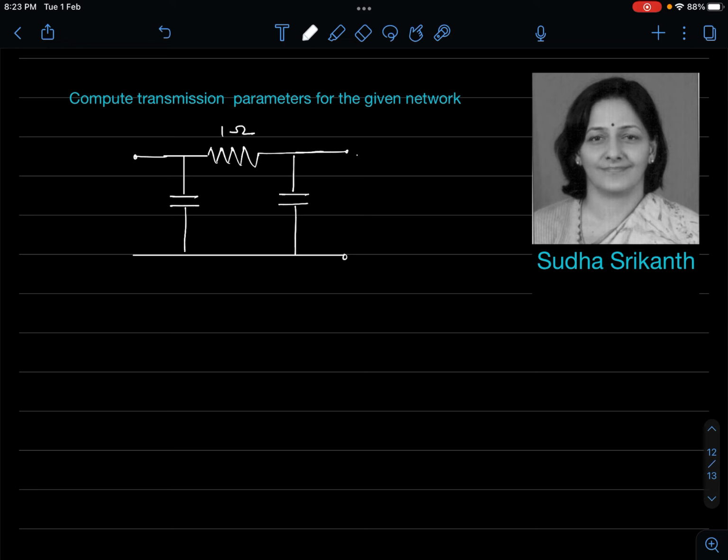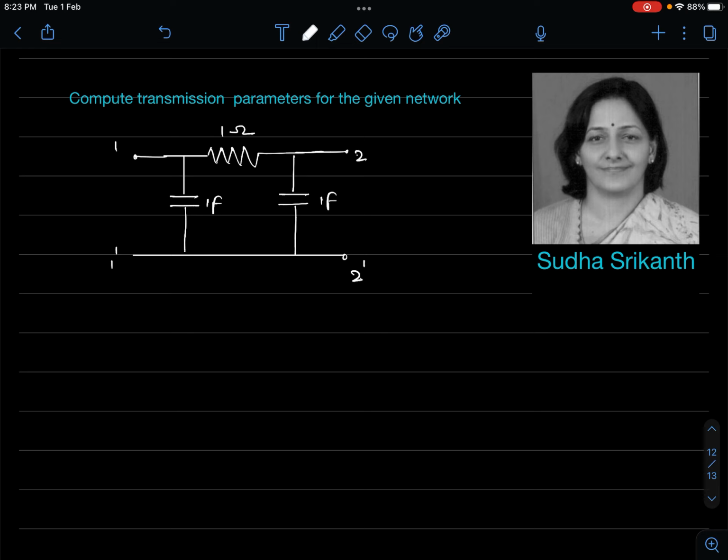All right, this is how it is. It's 1 farad here, 1 farad here, and our two ports will have 1 and 1 dash as the input terminal, 2 and 2 dash as the output terminal. This is how we understand a two-port network.